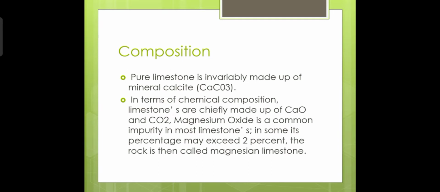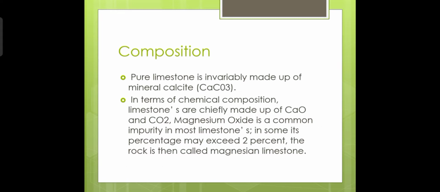Composition of limestone. Pure limestone is invariably made up of the mineral calcite, CaCO3, or shall we say calcium and carbonate. In terms of chemical composition, limestones are chiefly made of CaO and CO2.